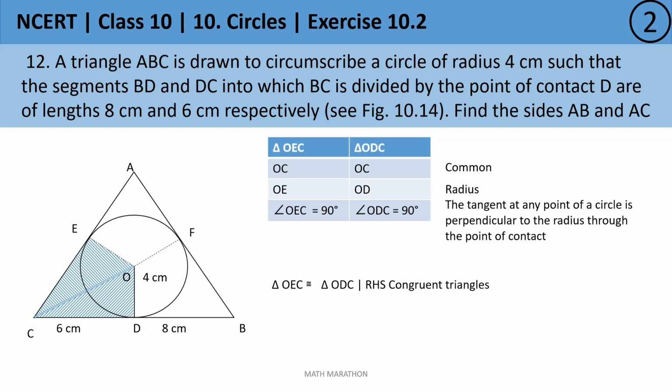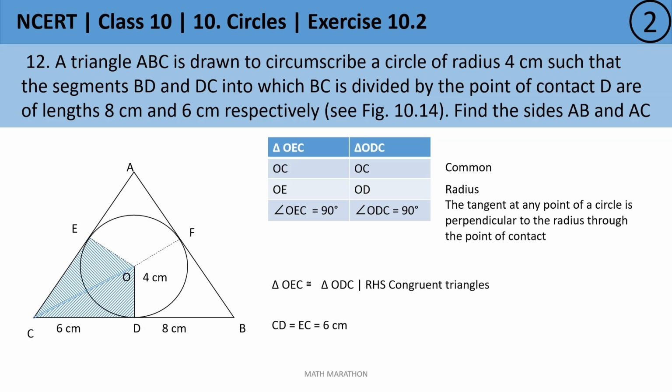So, triangle OEC and triangle ODC are congruent triangles. So, CD is equal to EC. Also, CD is equal to 6 cm.